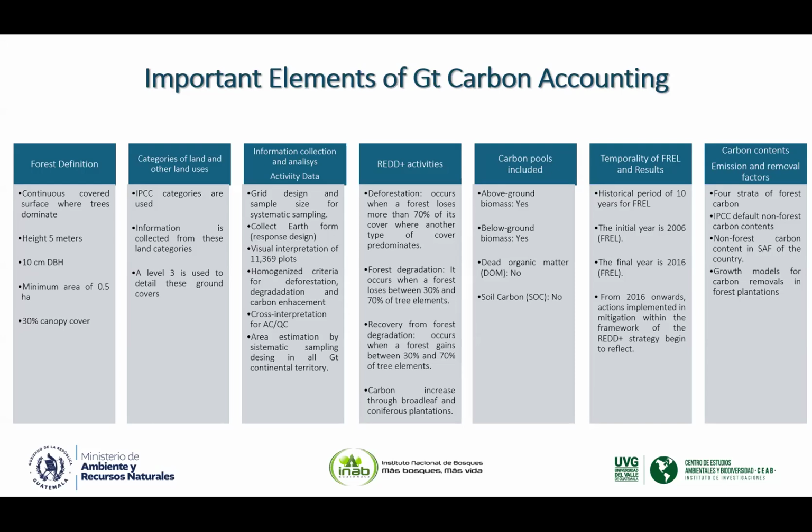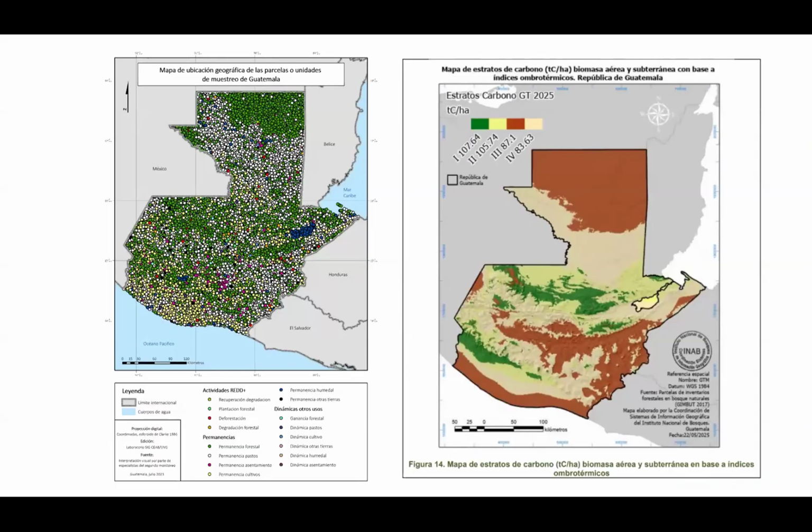We have a carbon strata map that has four categories of forest carbon. We use IPCC default non-forest carbon contents, and we have models for carbon removals in forest plantation. In the picture that you see on the left is a grid of points, more than 11,000 points.